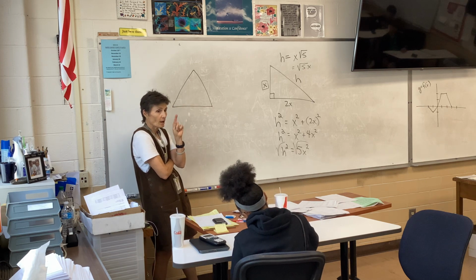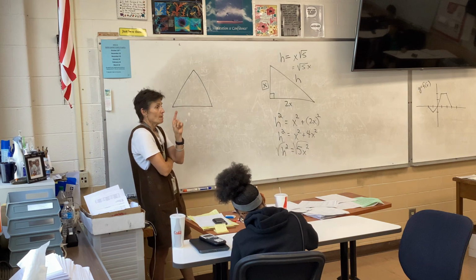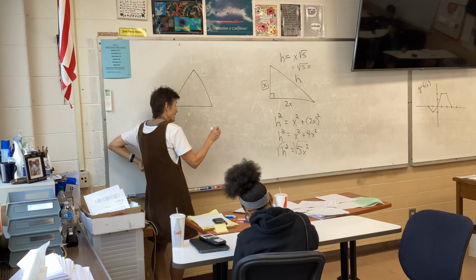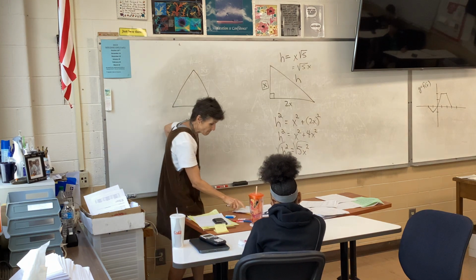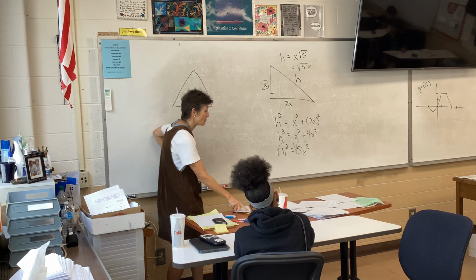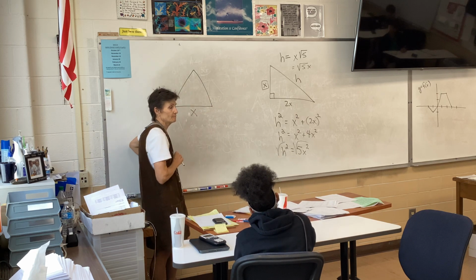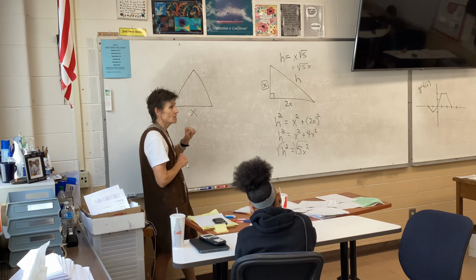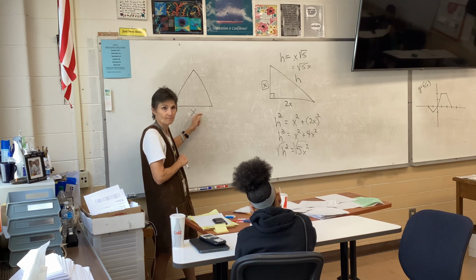Now, there are a couple ways you could set this up, but since it says that my equation has to be as a function of the length of the base, this is going to be x, because that's the base. So my variable is the base.